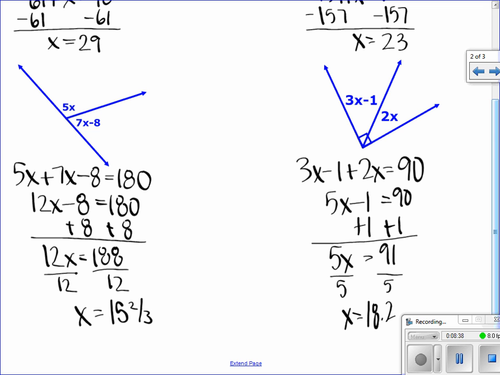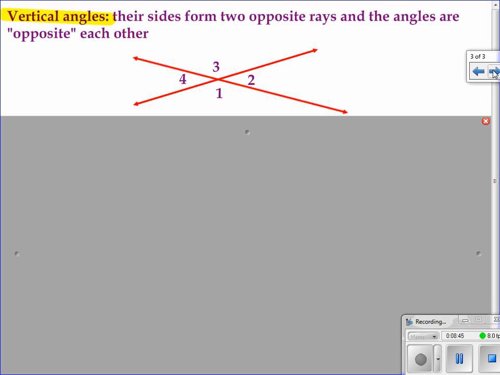Okay, then let's learn the last vocab word, which is vertical angles. Also something you're going to see all year. Vertical angles, their sides form two opposite rays, and the angles are what we call opposite each other. I'm going to give you one pair of vertical angles, angle 4 and angle 2. See where they are?